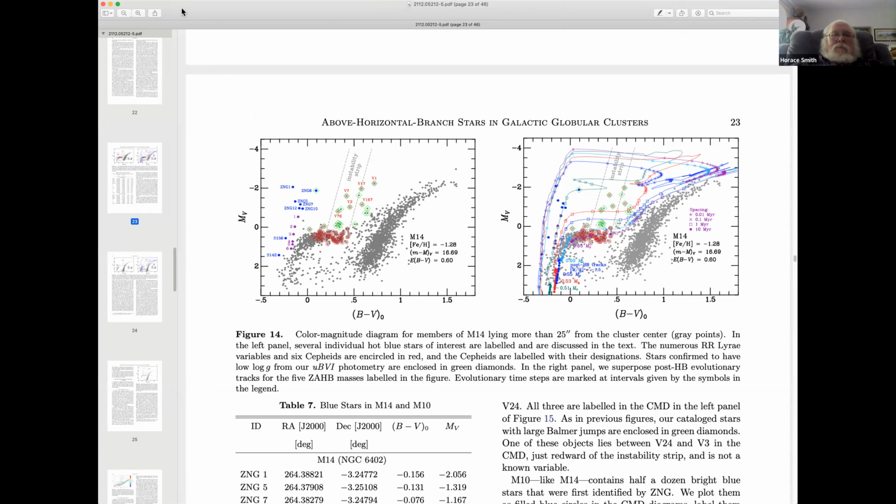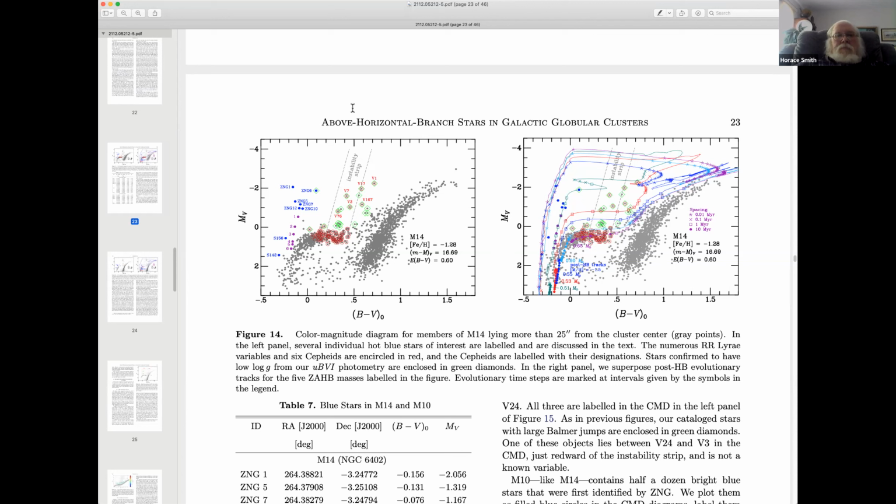So this is a pair of figures from a paper our group published just a few months ago. We've identified a fairly complete census of stars above the horizontal branch in galactic globular clusters based on both photometry showing large Balmer jumps and then proper motions from Gaia. So these are very pure samples of cluster members.